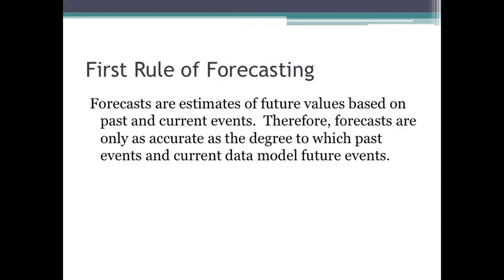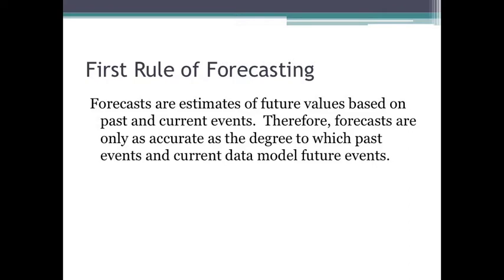Now, there's a couple of rules with regard to forecasting that I want you to remember. Here's the first. Forecasts, what we do is we take data we have now, so current data, past data, and use it to get some picture of what the future holds. Well, that means that we make an assumption there.